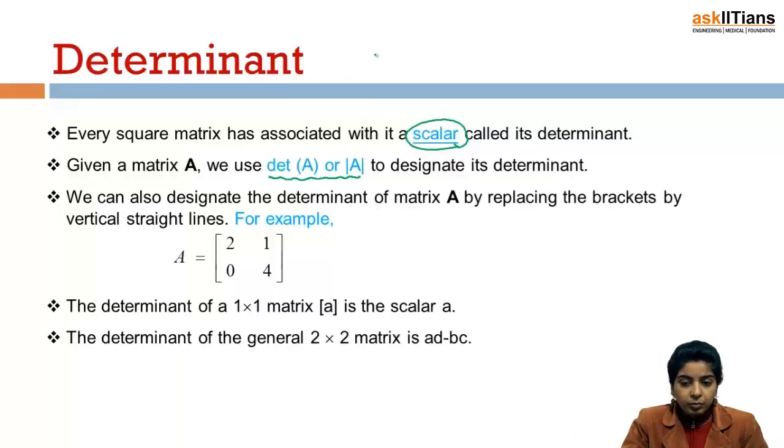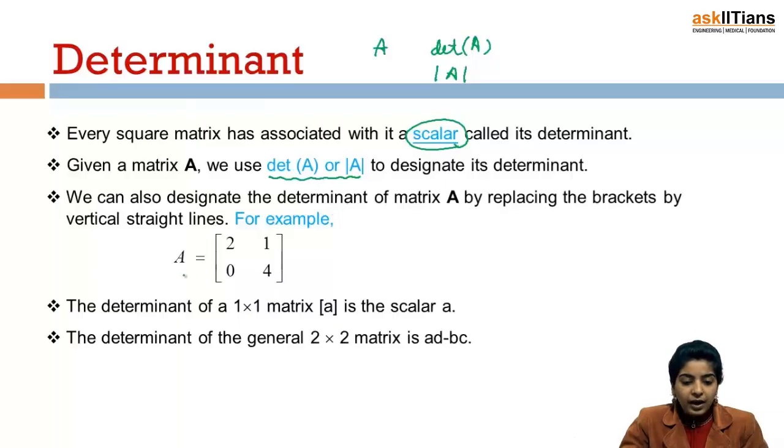Suppose I have a matrix A, and the determinant of A is either denoted by, you write DET, that means determinant, and in bracket you denote the matrix, that means determinant of A. Or what you can do is you can use two bars, modulus sign you can say, and the matrix is enclosed between those bars, that is known as the determinant of A. We can also designate the determinant of matrix A by replacing the brackets as I told you just now.